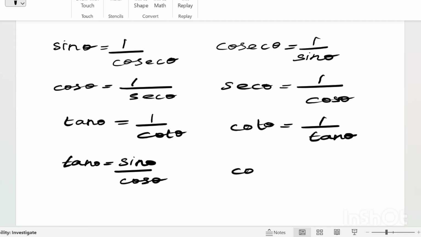So since cot theta is a reciprocal of tan theta, how can cot theta be written? Any guesses? Cot theta can be written as cos theta divided by sin theta. Okay, these are very important formulas which you should know before touching any problem regarding trigonometry.